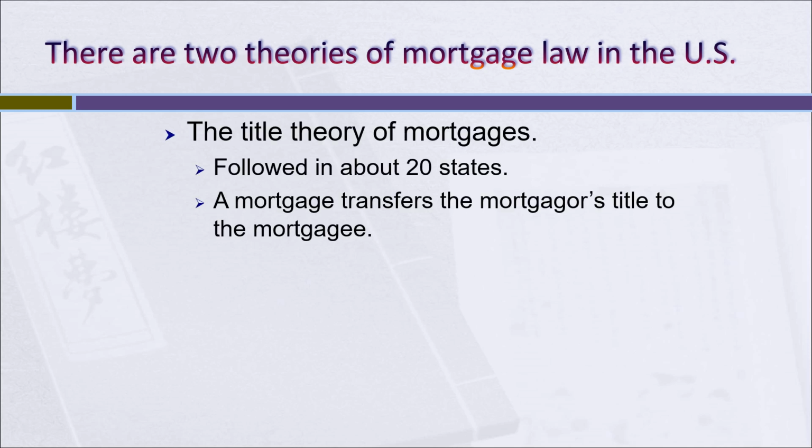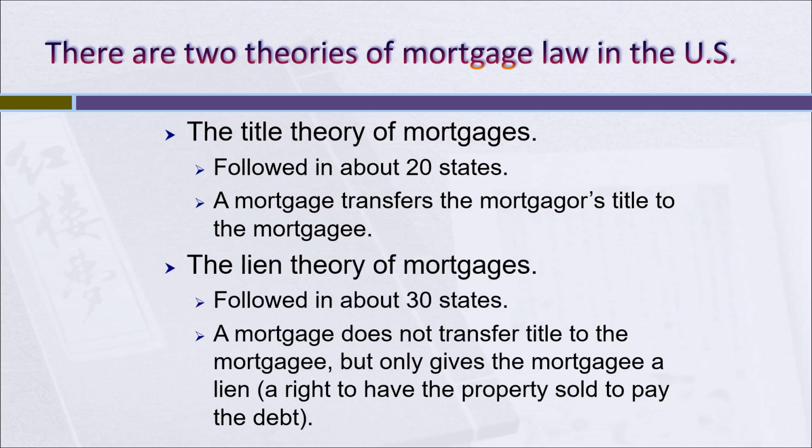The first one is called the title theory of mortgages. It's followed in about 20 states, mostly in the northeastern U.S., and what it says is that a mortgage transfers the mortgagor's title to the land to the lender or mortgagee. The other theory is called the lien theory of mortgages.